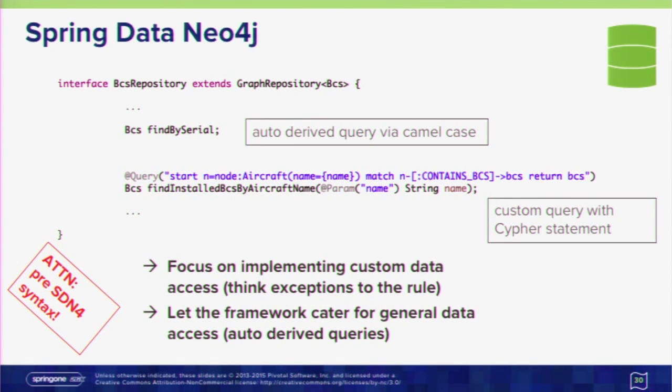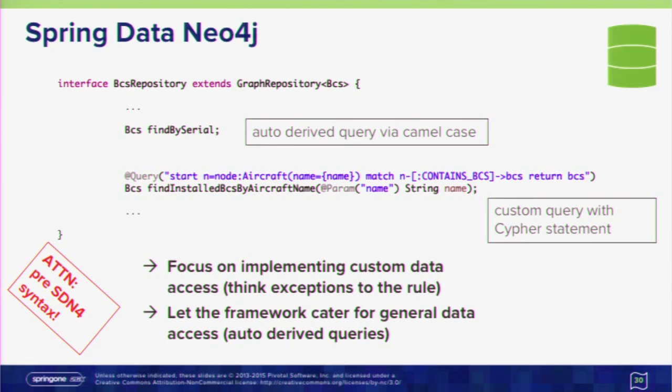If you have custom queries, you can just add a query annotation and then specify, in this case, your Cypher query, and let it return the server.